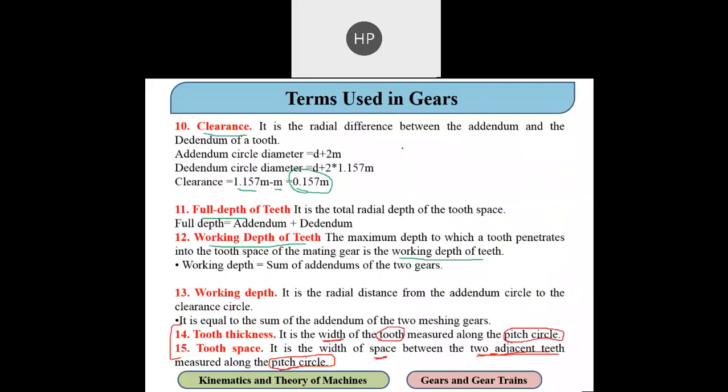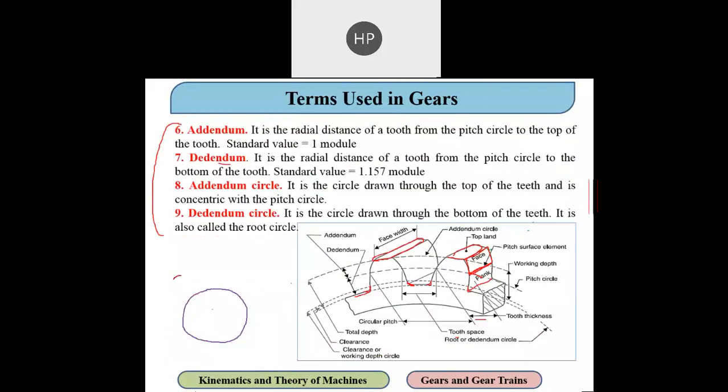So we have the pitch circle, and we have to measure along the pitch circle.